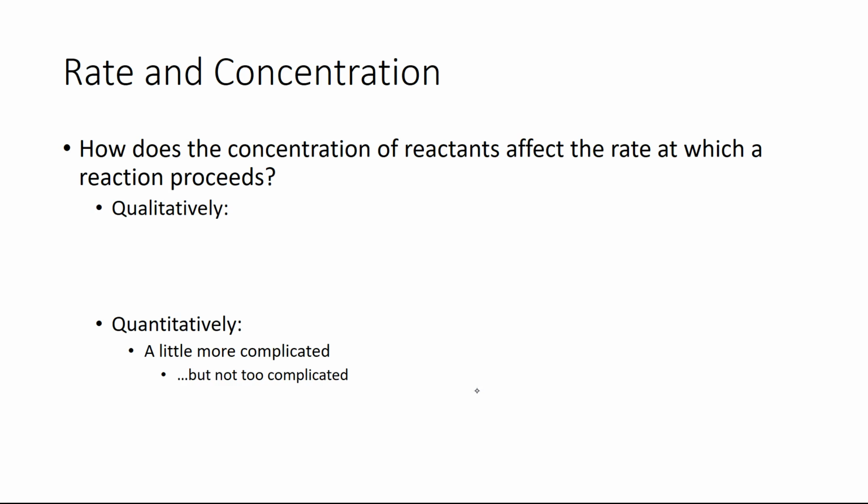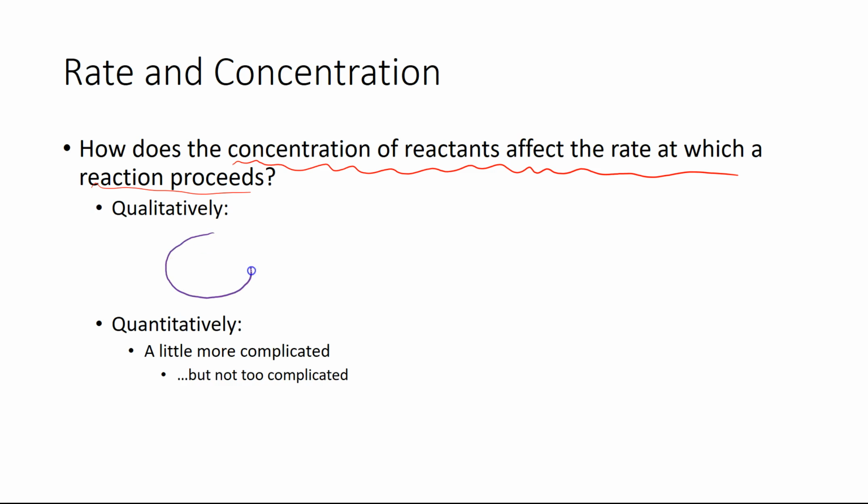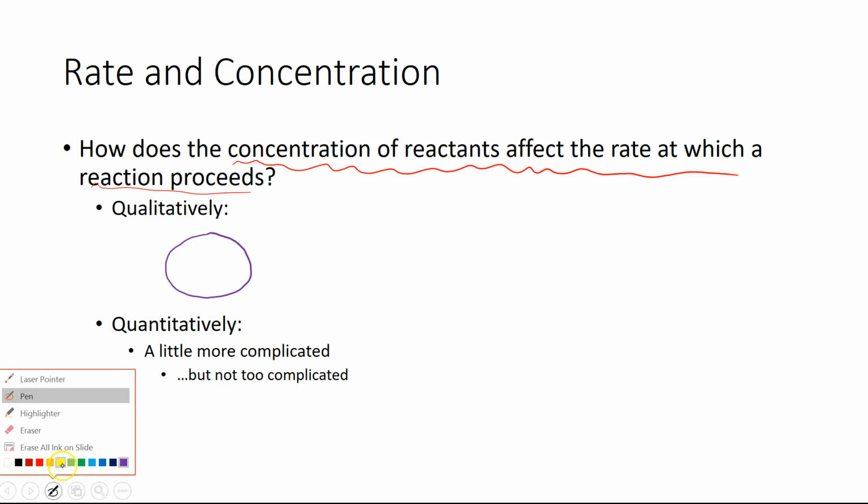So now at this point in your science careers, we've already kind of made a qualitative understanding of how concentration of reactants affects the rate at which a reaction proceeds. Okay, and we can look at that in several ways. So let's say, for example, I've got a reaction container, and I've got a mix of various colors.